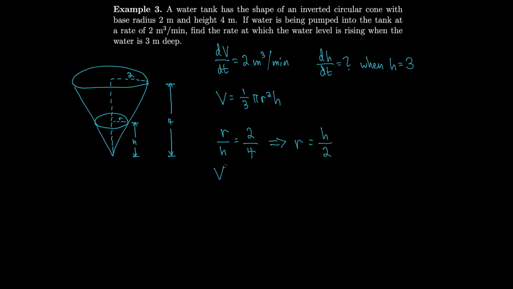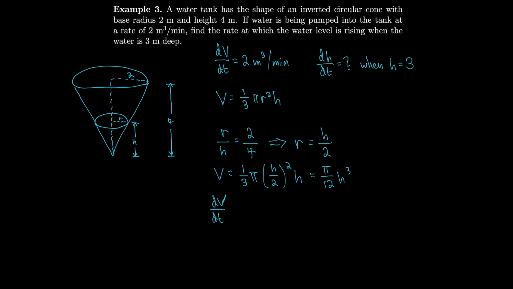So now we have v is 1/3 pi. Instead of r, we can write it as h over 2 squared and keep our h. So the volume becomes pi over 12 times h cubed. So now we can differentiate. We won't have to worry about r.